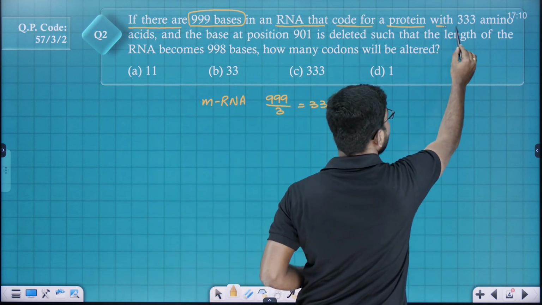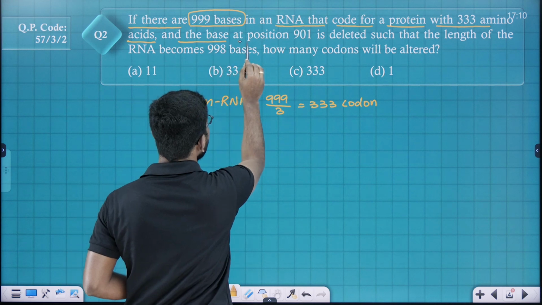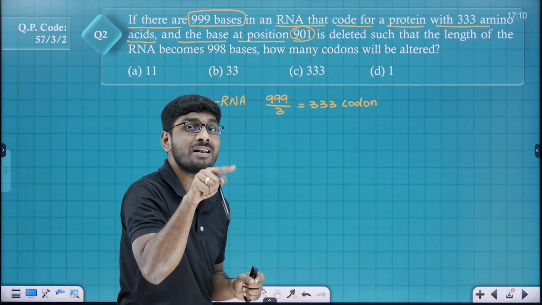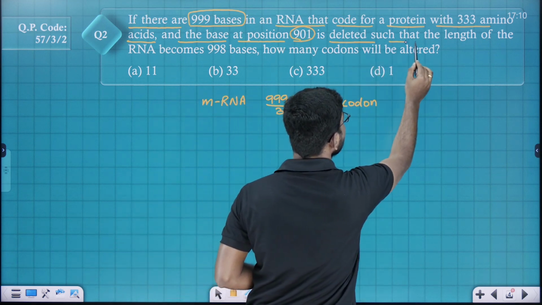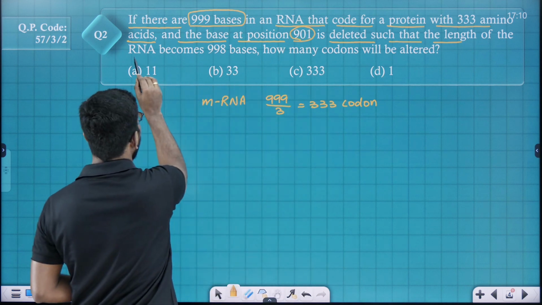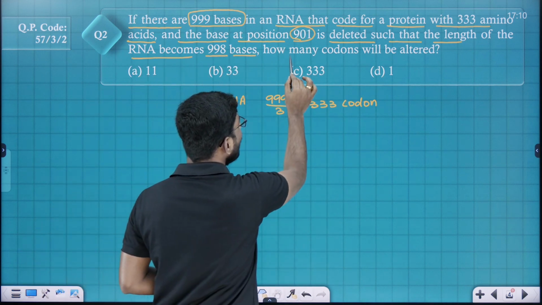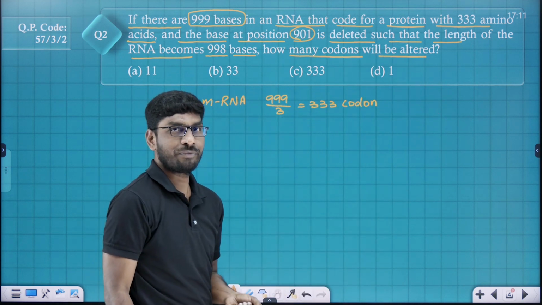Look here, with 333 amino acids, the base at position 901 is deleted such that the length of the RNA becomes 998 bases. How many codons will be altered? They ask this.